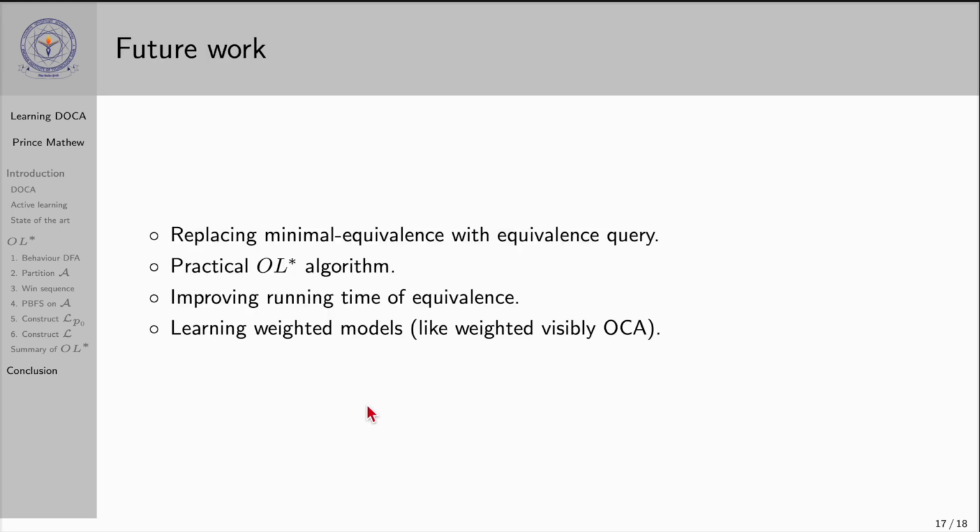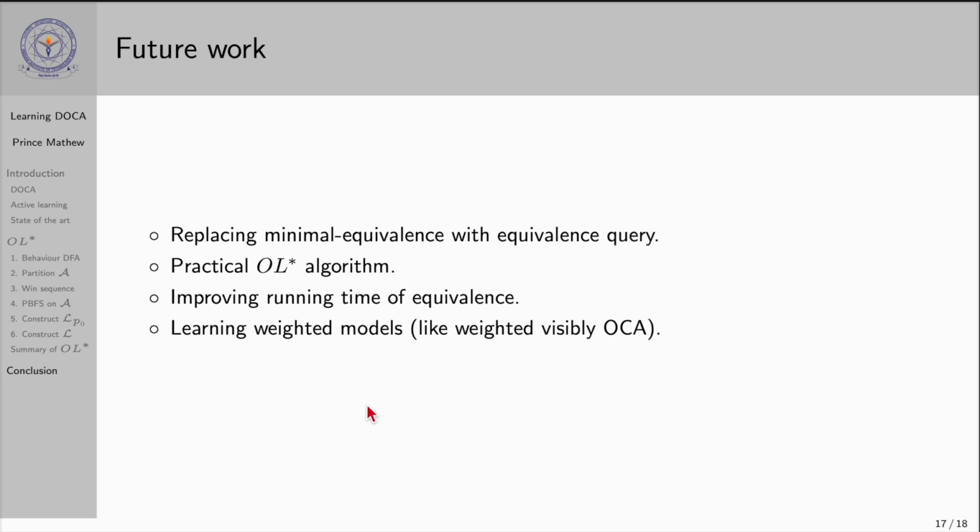So as future work, one can think of replacing the minimal equivalence query with equivalence query. Also, one can think of designing a practical version of the All-Star algorithm. Even though the algorithm All-Star runs in polynomial time, the involved polynomials are huge and cannot be used in practice. So another direction of future research is improving the running time of equivalence checking of one-counter automata.